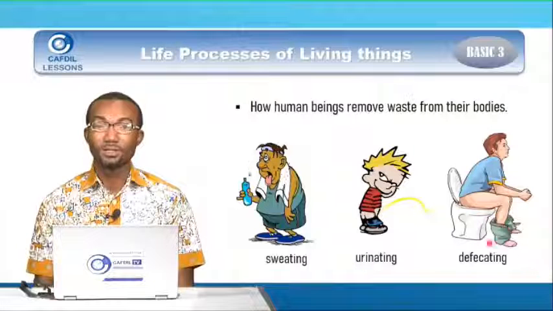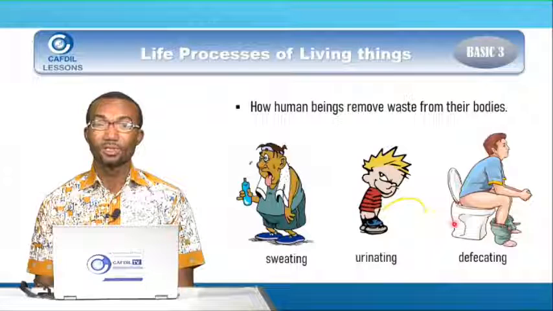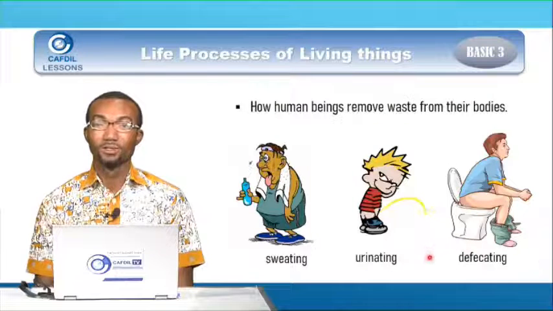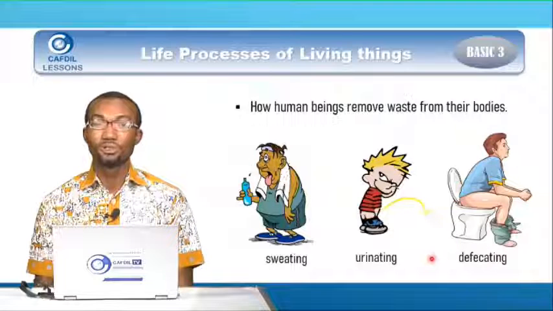The next one is defecating. So you see this boy on a toilet seat. When you eat, the unwanted food that your body does not need comes out in the form of feces, or toilet. So defecating is also a way of removing waste from our bodies as human beings.